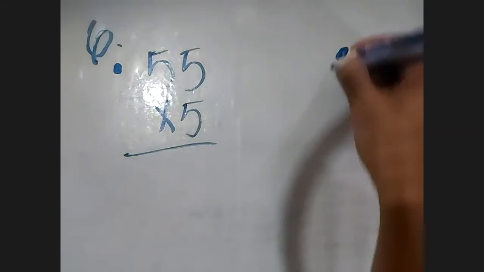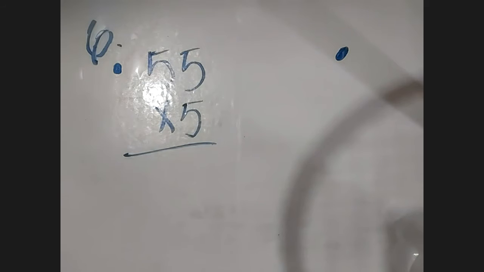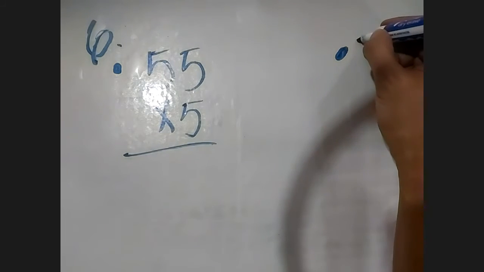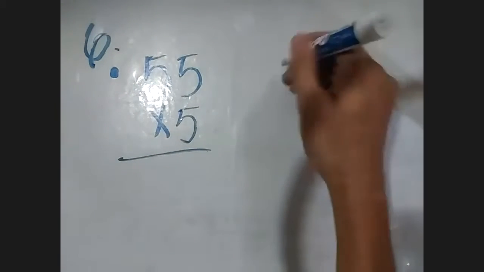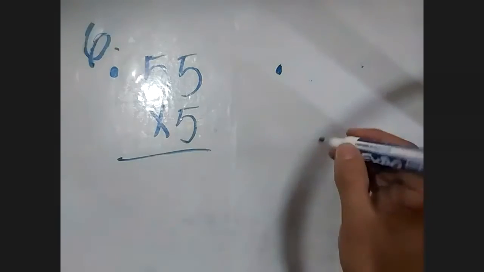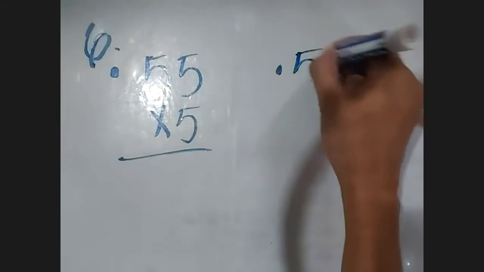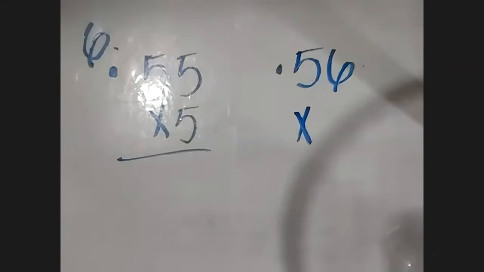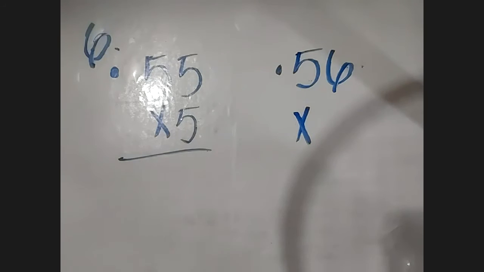Now in the second exercise, what numbers can you see? 56. What other numbers? 6. And 6, right?